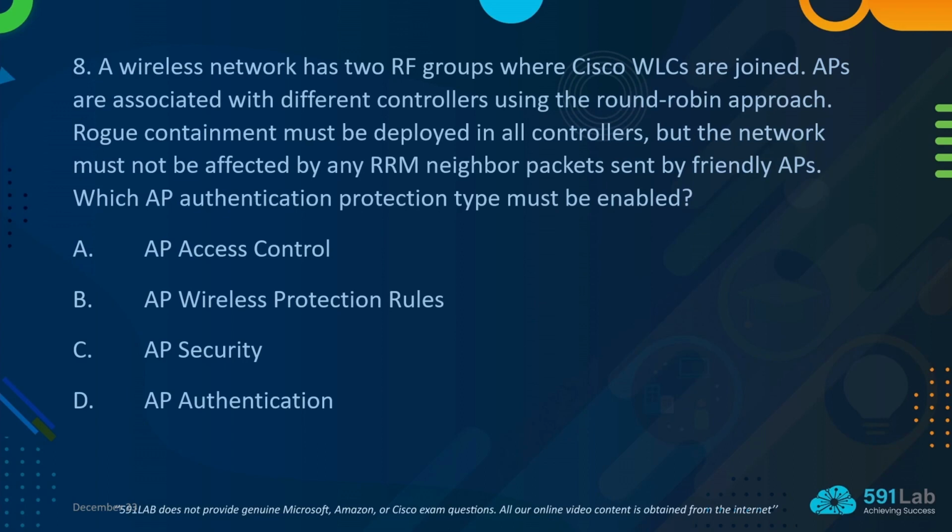But in our question, we're talking about two RF groups and RRM, radio management or rogue containment, so we're going to use the AP wireless protection rules to say that if the access point is using this specific SSID and it's connected on our wired network, please consider them as friendly access points and do not do anything against them. So the answer here is B, AP wireless protection rules.